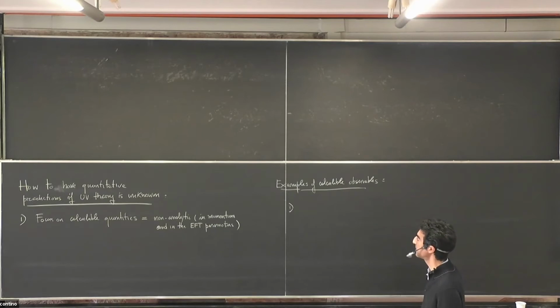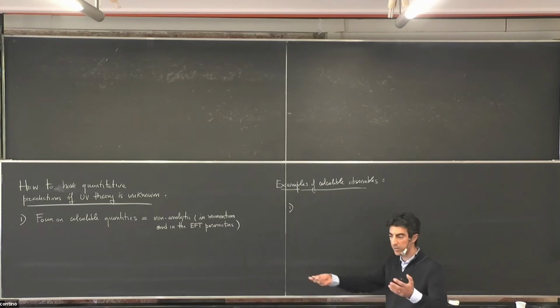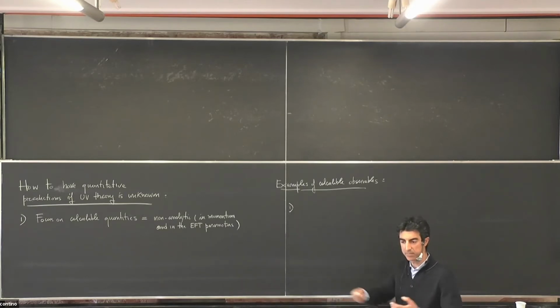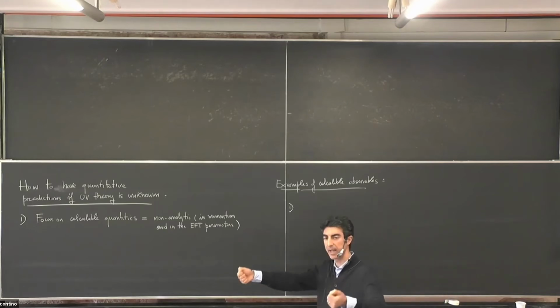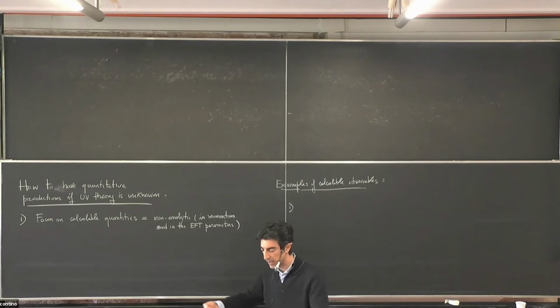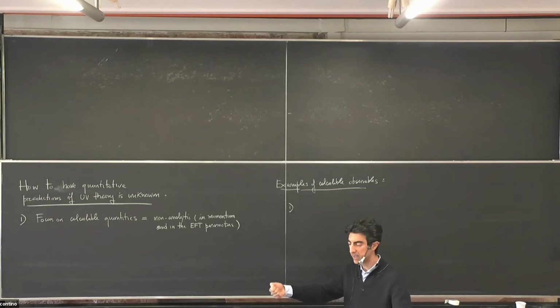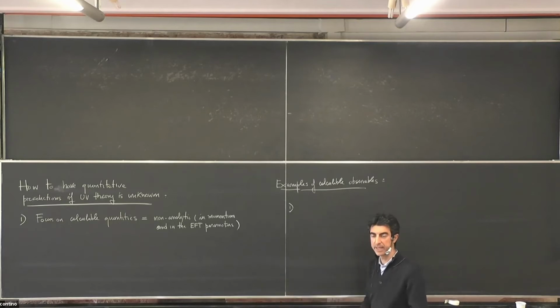So the first example could be long-range potentials among light sources. Sources made of test particles, currents, whatever, made of light particles, and the potential that these currents or particles feel between each other is a quantity which is calculable.